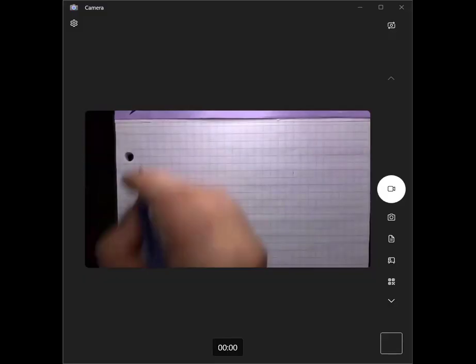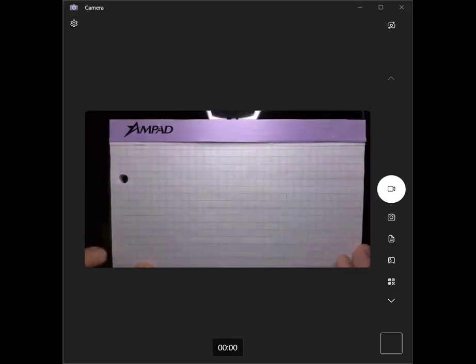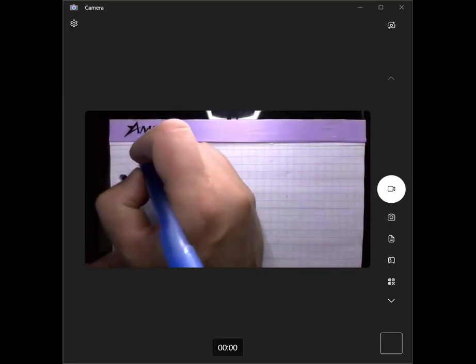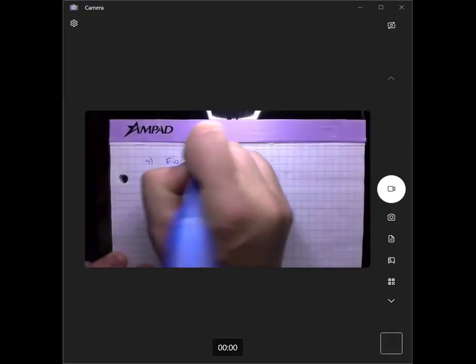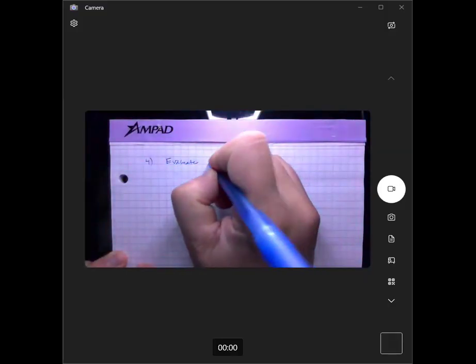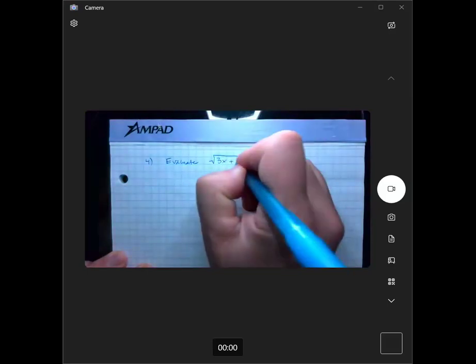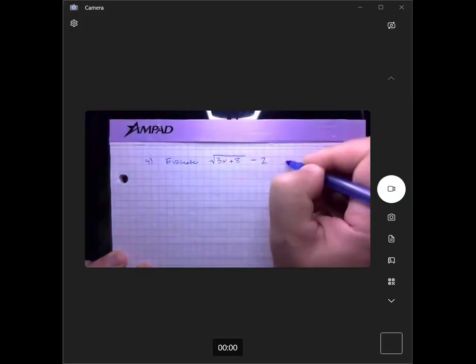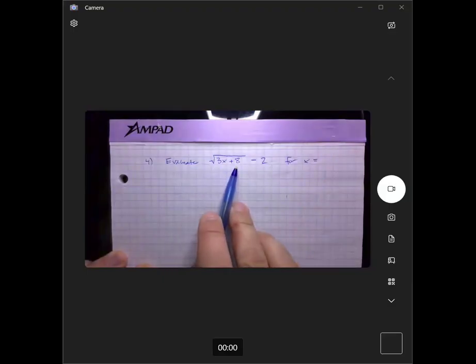Okay, one more example from our basic formula only evaluation. Let's evaluate the square root of 3x plus 8 minus 2 for x equals, I'm going to pause while I come up with a good example.